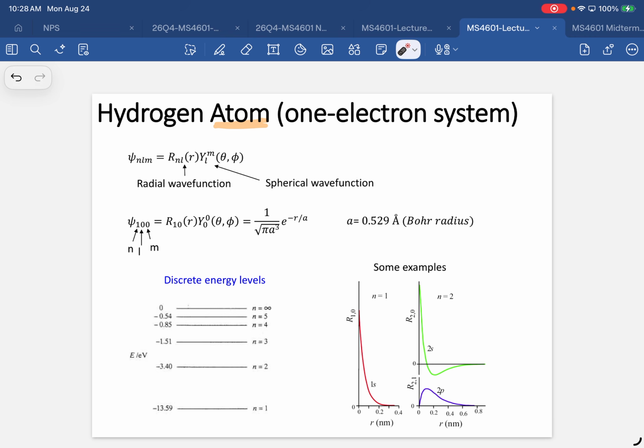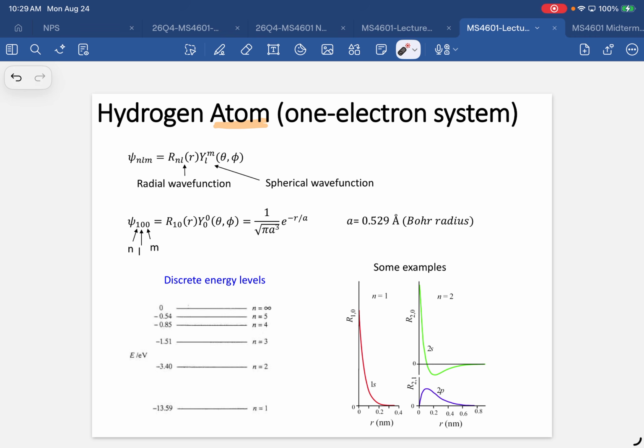For the simplest case, when N is 1, L is 0, and M is 0, the solution is given as this, where there is a constant a, 0.529 angstrom, called the Bohr radius.